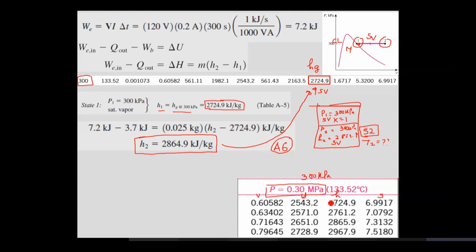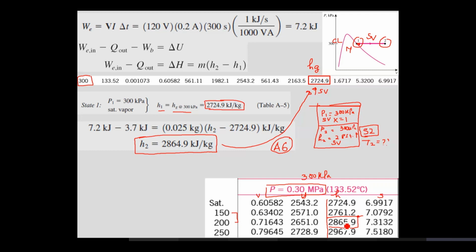Now I see under the enthalpy column the value 2865.9, which is roughly the same value. So in this case, I can avoid interpolation. It's my choice. I can still do the interpolation between 2865.9 and 2967.6 to find out my temperature between 150 and 200 degrees centigrade.